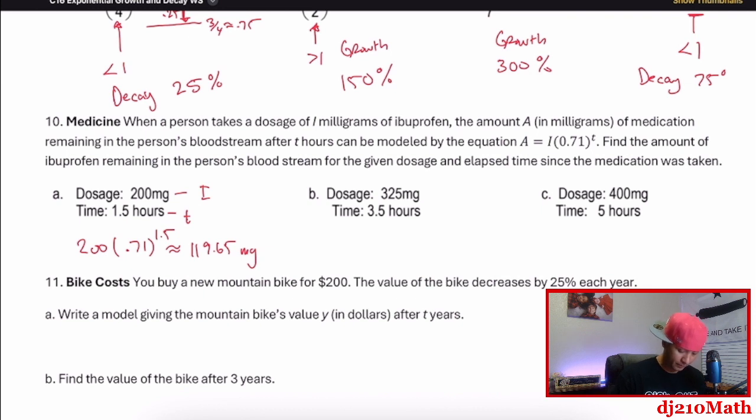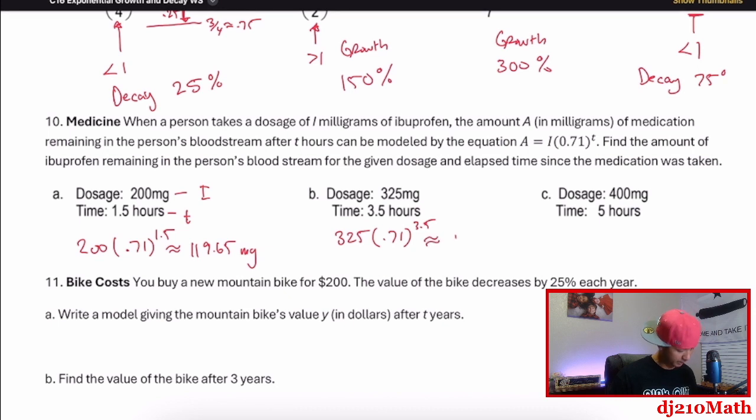For B, again, our initial value is 325 milligrams. It's decreasing, or decaying rather, at 0.71 and then 3.5 hours. So 325 parentheses 0.71 exponent 3.5.